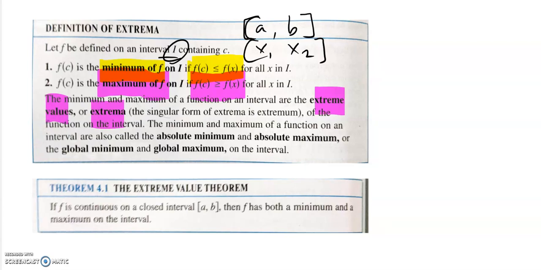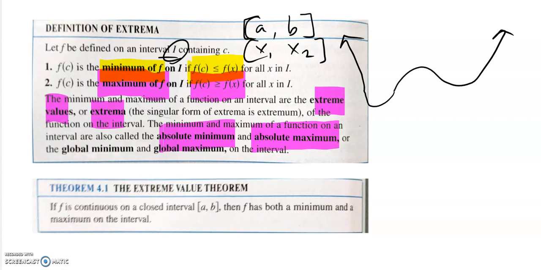And then there are the absolute minimum and absolute maximum, because some graphs continue on and could have a couple of minimums. Right here's a minimum value, but this would be the absolute minimum because it is lower.